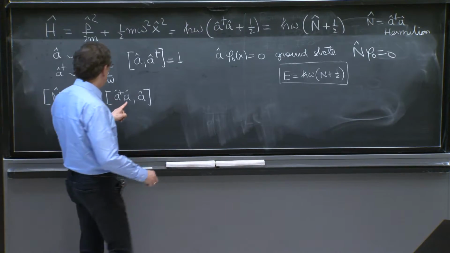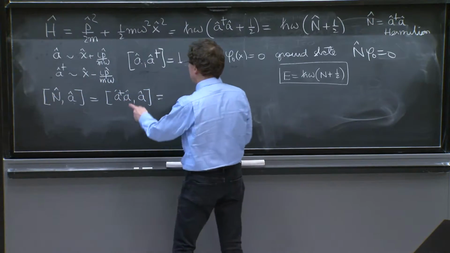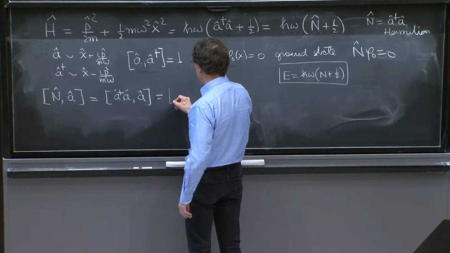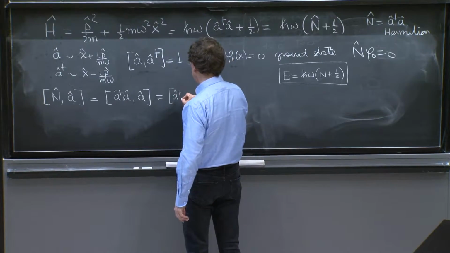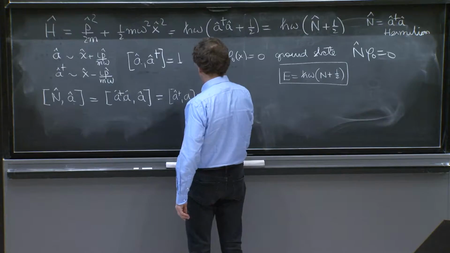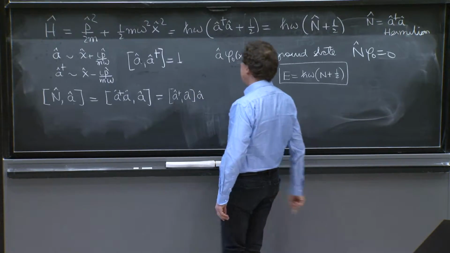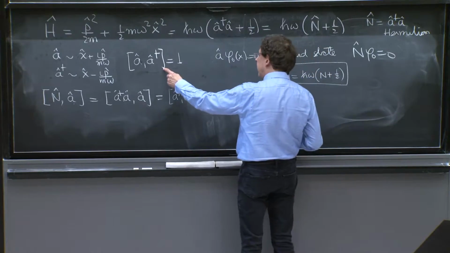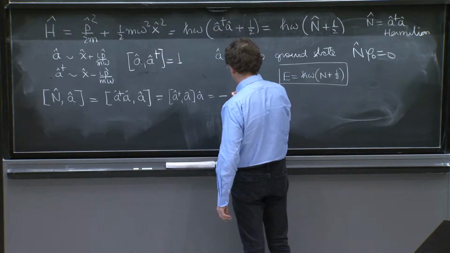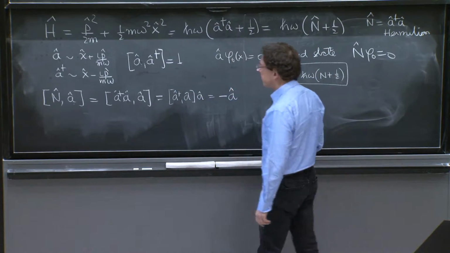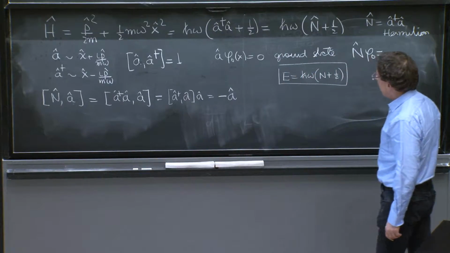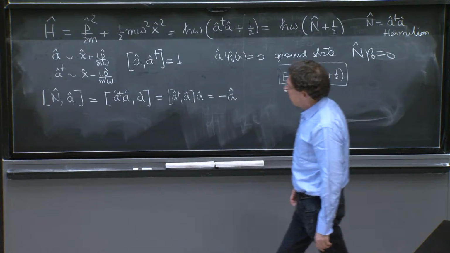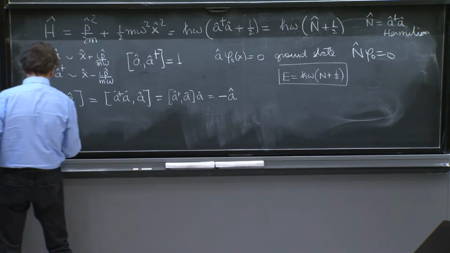Now, in this commutator, you can move the A out, and you have A dagger with A. And A dagger with A is minus the commutator of A with A dagger, which is 1, so this is minus A. So that's pretty nice. It's simple.